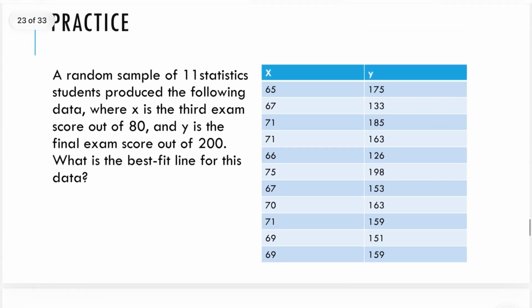Now, typically you're going to get a data set with x variables and y variables. And you're going to be plotting it. Typically, you'll have a chart. Here's your x's and your y's. So 10, 20, 30, 40, 50, 60. In this case, you might start at 60, go to, I don't know, 80.